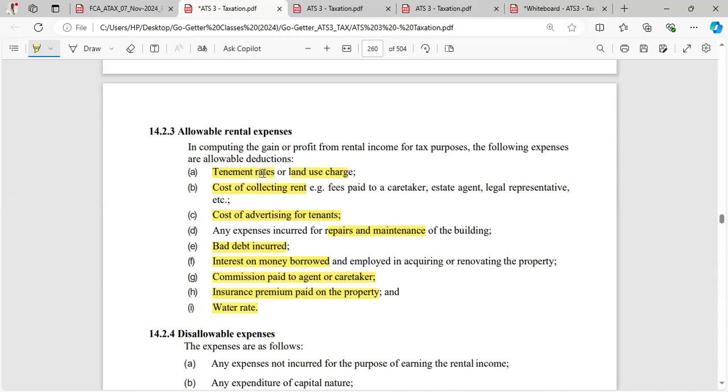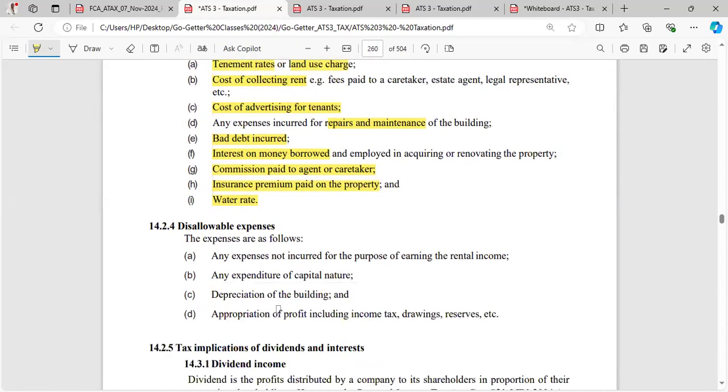So whereas these ones were not borne by the landlord, he cannot take them as allowable expense as long as it is not borne by him. But if it is borne by the landlord, then it is allowable. So we've seen about 10 or so allowable expenses that you can deduct from your rental income.